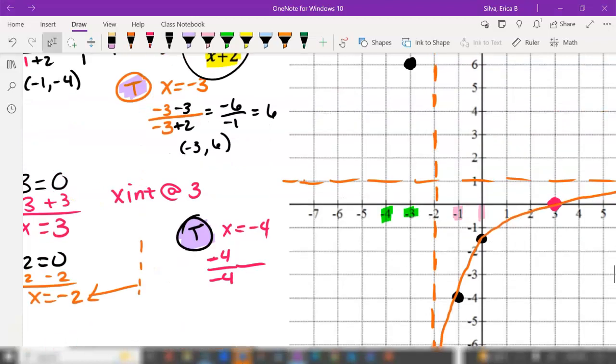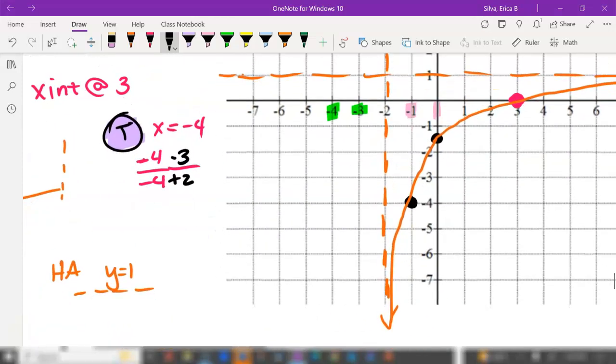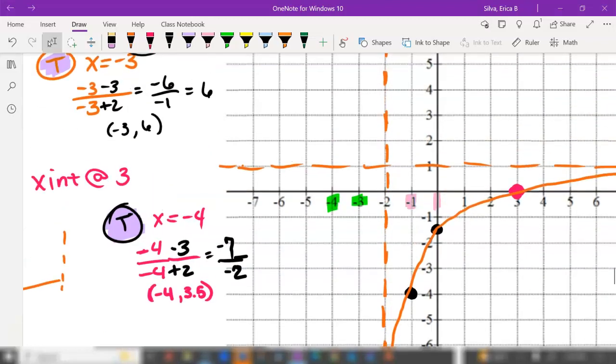And then we're going to subtract 3 and add 2. Negative 7 over negative 2. And negative 7 divided by negative 2 is a positive 3.5. So negative 4 comma 3.5 will be my next point.